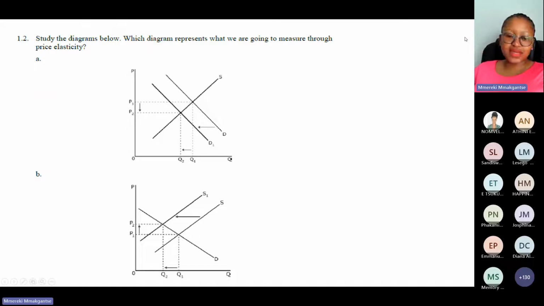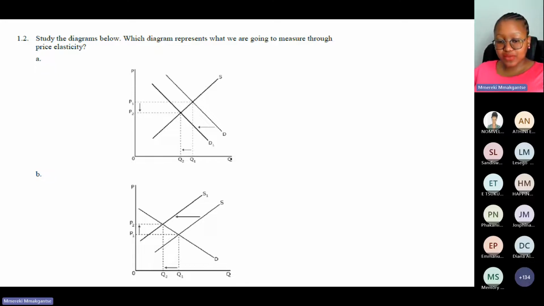You can just type A or B. Which diagram, in your understanding, is the correct one? Remember, price elasticity measures the responsiveness or sensitivity of quantity demanded to a change in price.